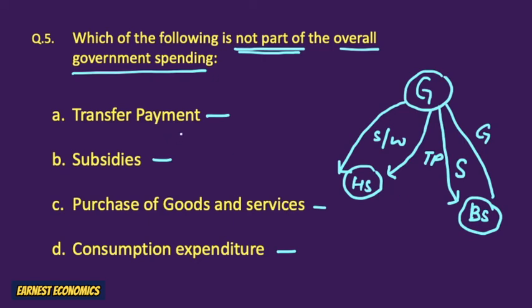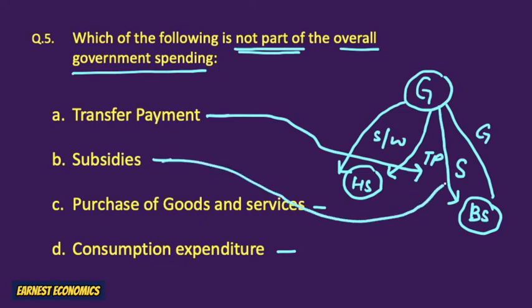Now let's see if these are present in the options given. Transfer payment, yes, it is there. Subsidies, yes, it is there. And purchase of goods and services, again it is there. And then we are left with the consumption expenditure.